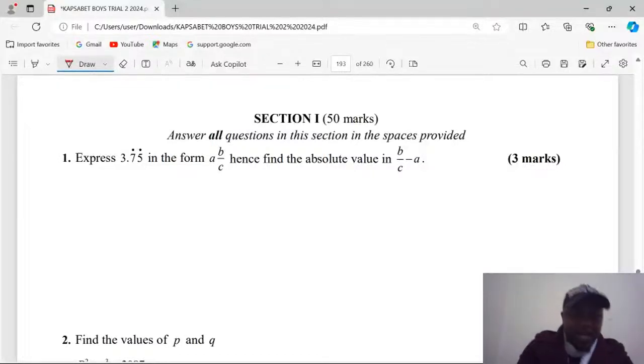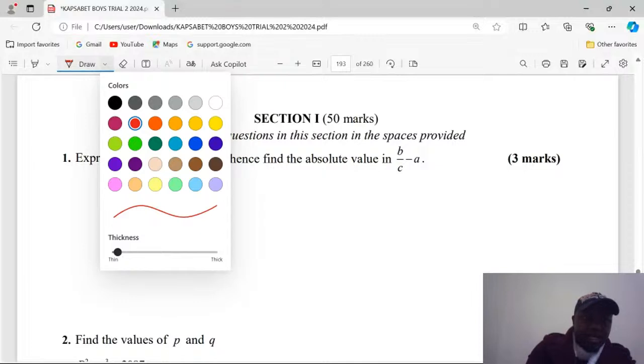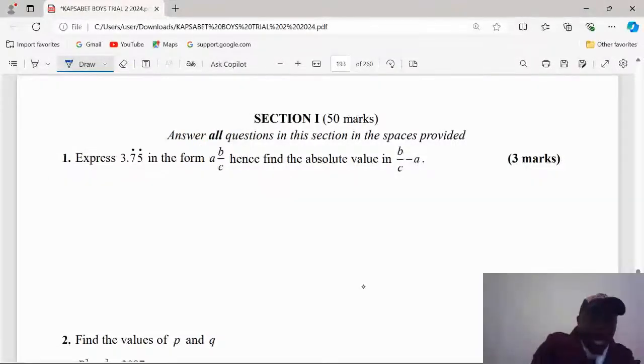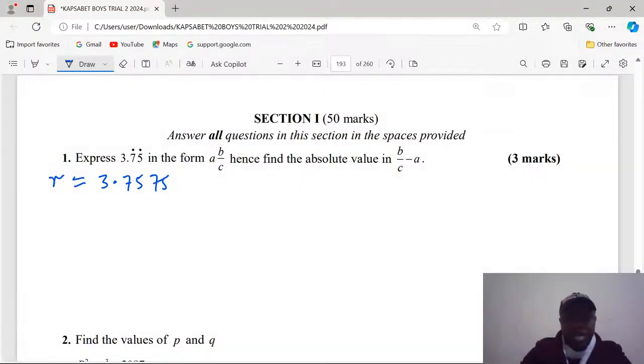So we begin by letting whatever has been given here to be R, 3.7575, because 7 and 5 are recurring.